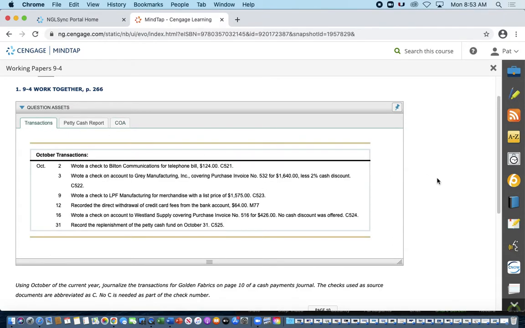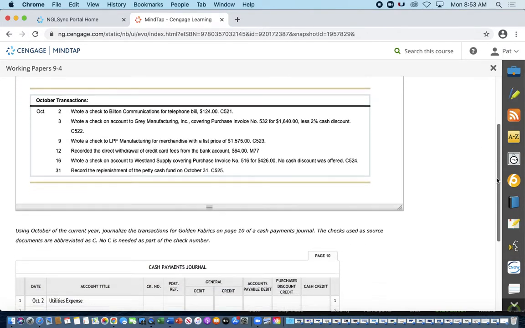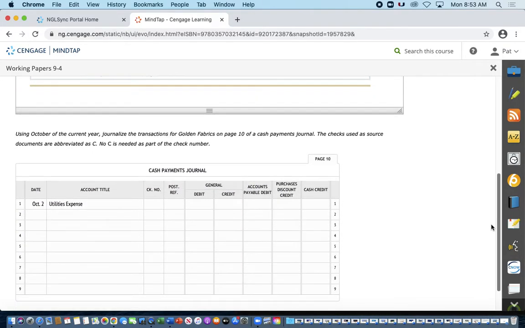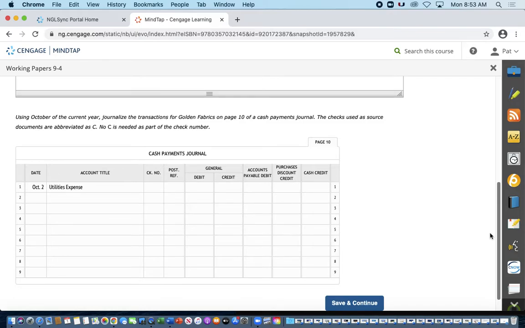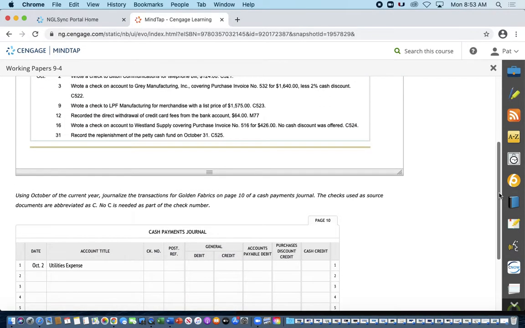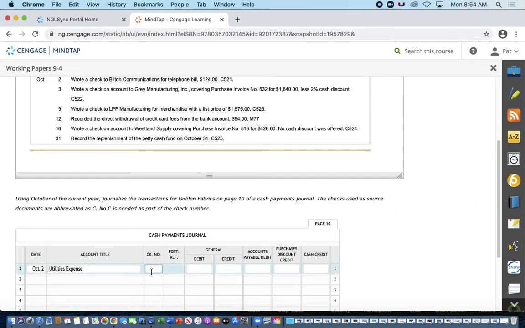It's a utility expense. Sometimes it's a telephone bill or cell phone bill, but in this case, it's utility expense for check number 521, and we are debiting the expense for 124, and we're crediting cash for 124.